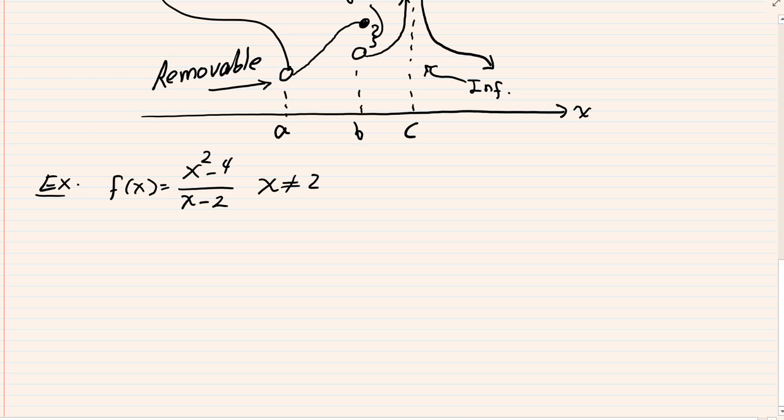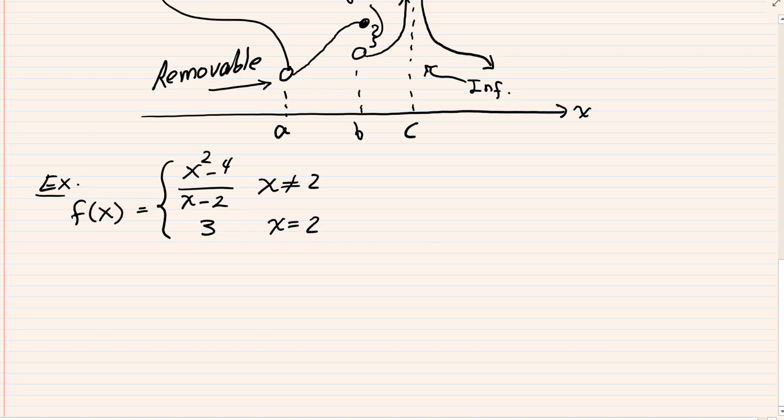But let's define another point, a single point, at x equal to 2. I actually have a value of 3. Okay, so this is going to be my f of x.